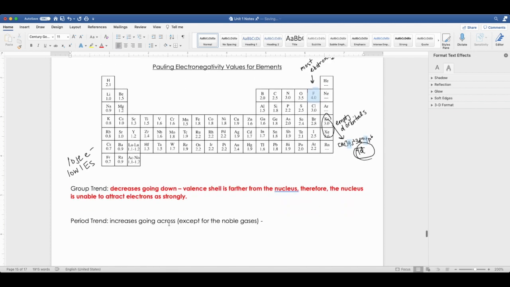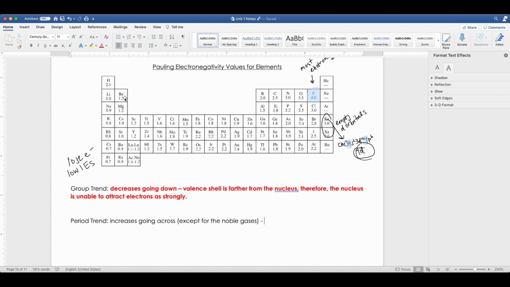The reason why is because as I add protons to the nucleus, if you look, atomic number is going up by 1, and the atomic number for something tells us how many protons are in that nucleus. So if lithium has 3 protons in its nucleus, and it's in the 2nd energy level, but I'm still in the 2nd energy level and I add another proton when I get to beryllium, that added proton makes the nucleus stronger.